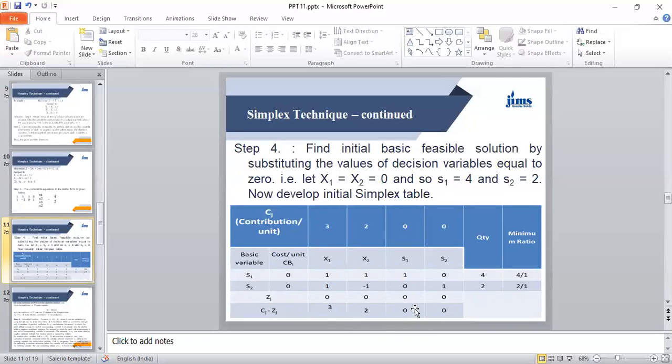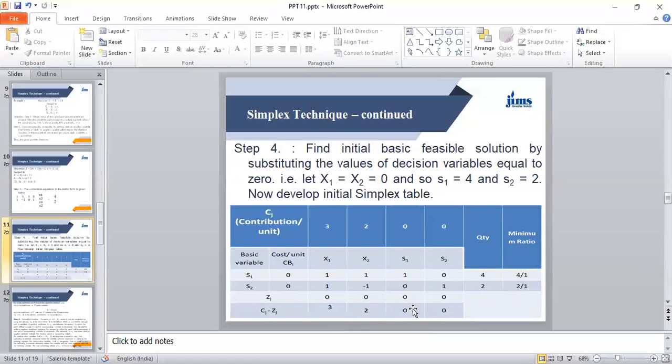If all the values are either negative or 0, then we say that the condition of optimality, the condition of maximization, has been reached. So all the elements in the Cj minus Zj row should be either equal to 0 or negative.